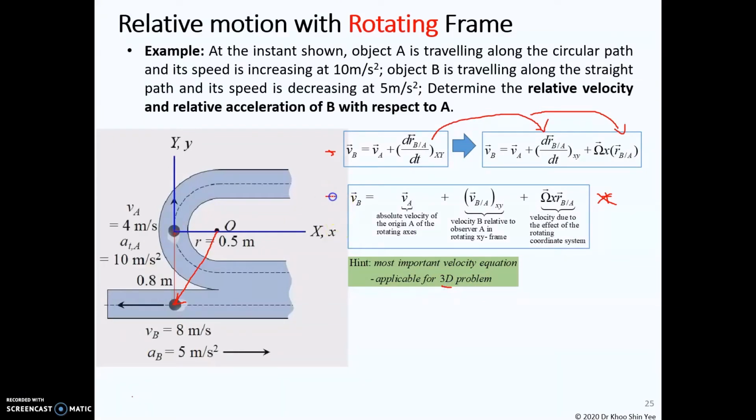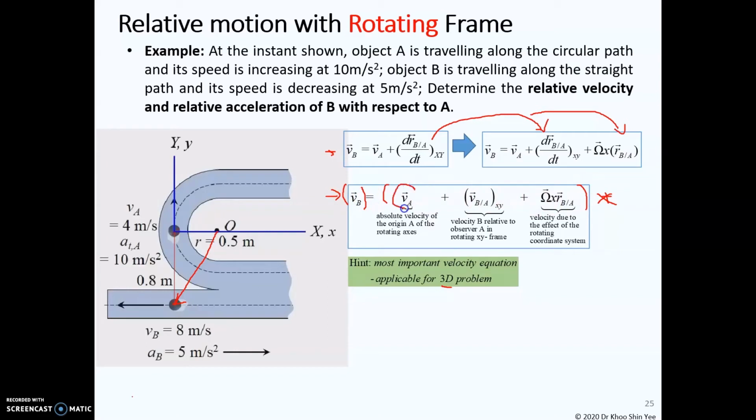It says that to find the absolute velocity of point B, if you can't measure it directly from the left hand side, you can use the relative motion analysis on the right hand side to find the answer.